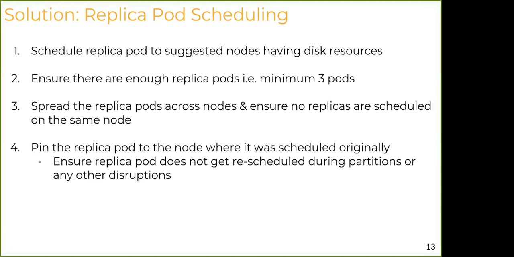So this is completely different from what we were talking about with the controller pod, where we want the controller pod to move immediately in case of any issues, rather than wait in the queue. So this is all about the essential characteristics of replica pod scheduling. We'll see how OpenEBS is managing to do this.